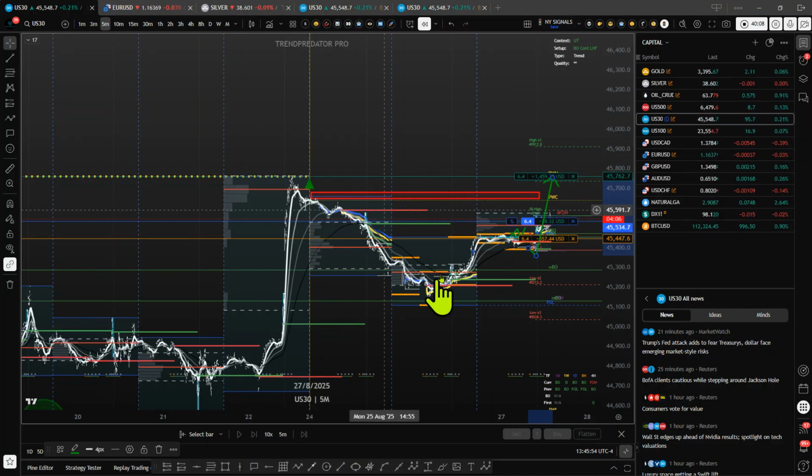Okay, it can take a couple of days to play out, like we're seeing on the US 30. It may or may not play out. Hey, there's no guarantee. I'm not suggesting for a moment that this works all of the time. But so long as you're trading with asymmetrical risk to reward, so a minimum of 3-to-1, 2-to-1, the times that it doesn't work out, let's say it's a 50% win rate, you're risking minimal, depending on how you want to approach your risk management.